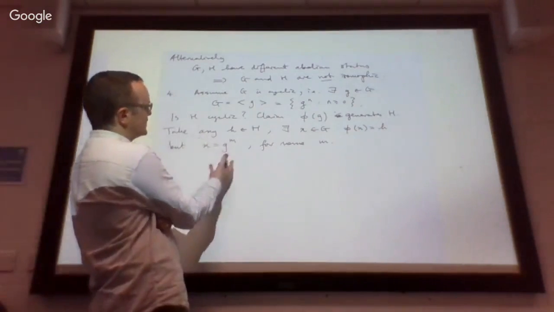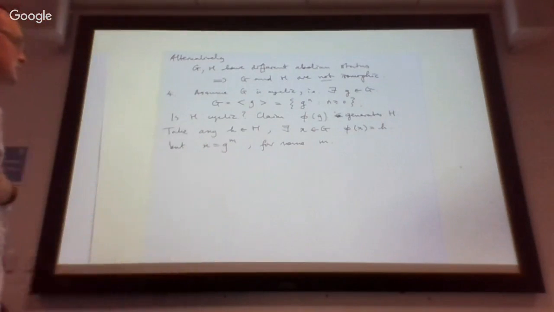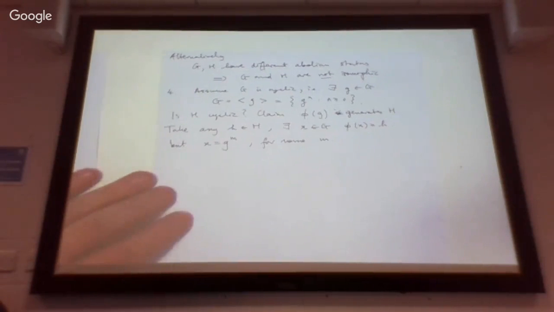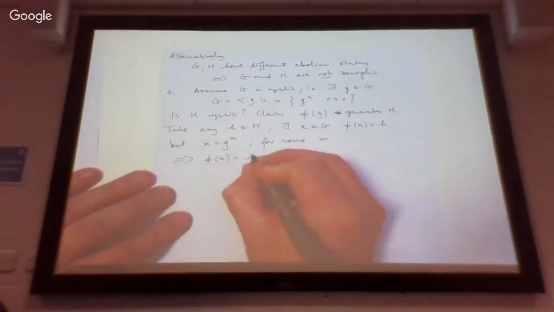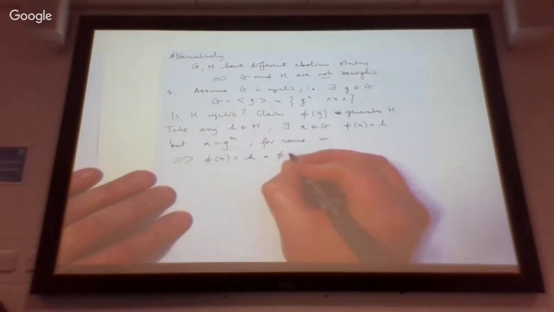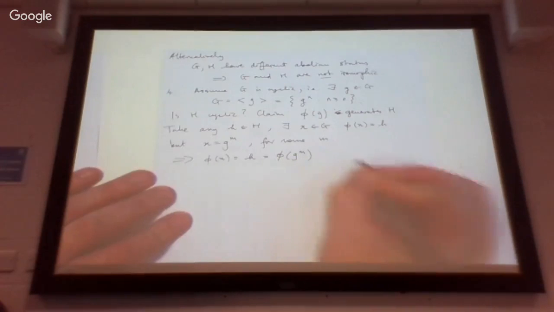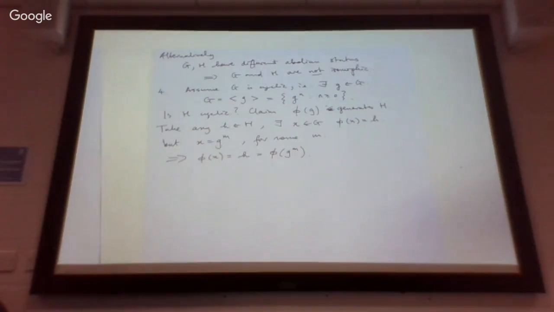So we're using the cyclic nature of G here. x is equal to some power of g, so that implies that phi of x, which is equal to h, is equal to phi of g to the power m. What's the one further operation I need to apply here to reach my conclusion?